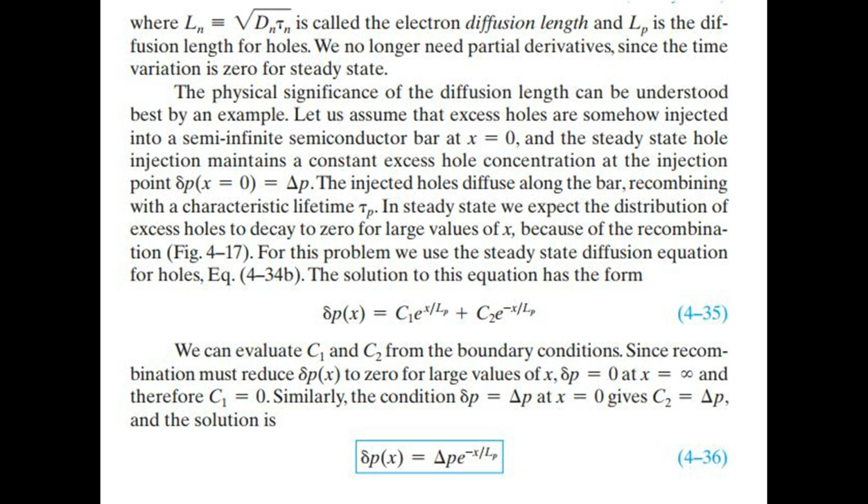We can evaluate C1 and C2 from the boundary conditions. Since recombination must reduce δp(x) to 0 for large values of x, δp = 0 at x = ∞ and therefore C1 equals 0. Similarly, the condition δp = Δp at x = 0 gives C2 = Δp, and the solution is as shown. Figure 4-17.